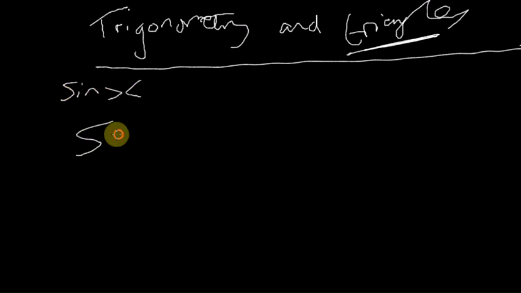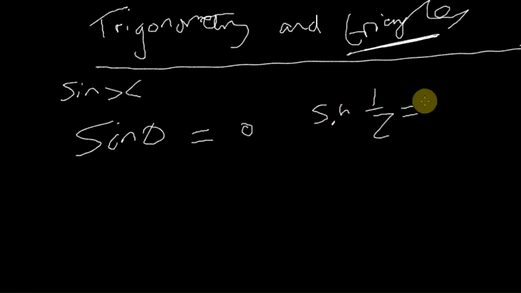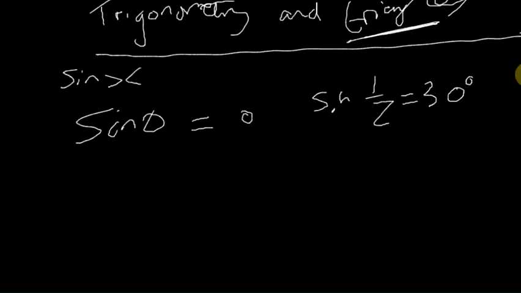If you had sine 0, it's been worked out that sine 0 is 0, and if you had sine a half, that equals 30 degrees. We're going to investigate the sort of proofs behind all these different ratios.